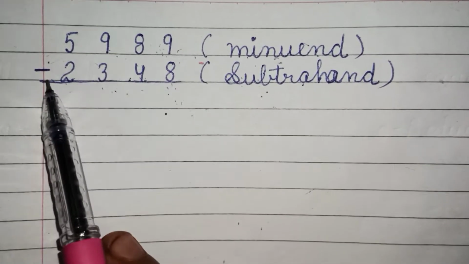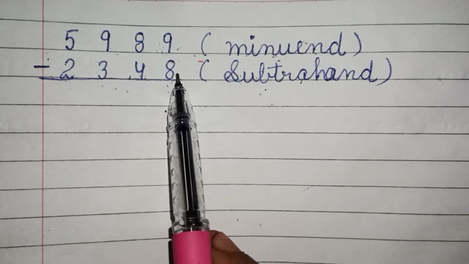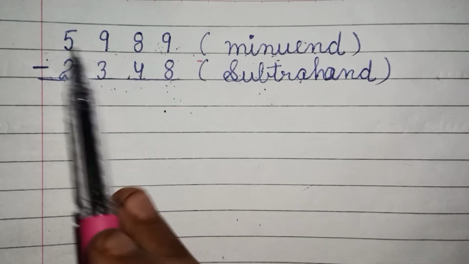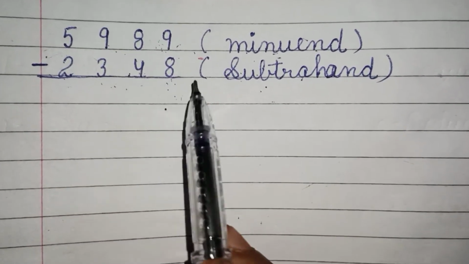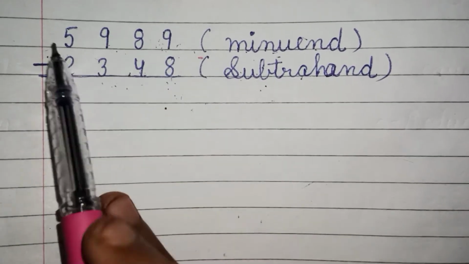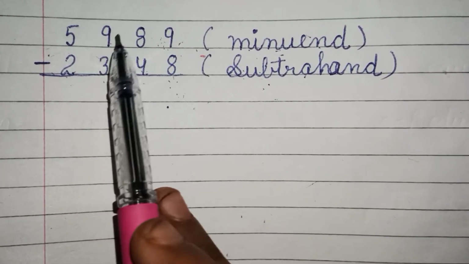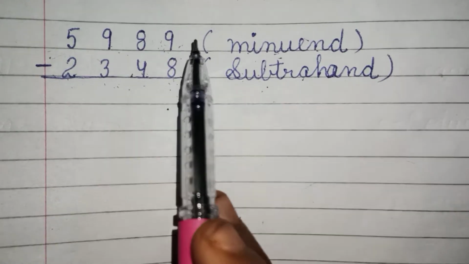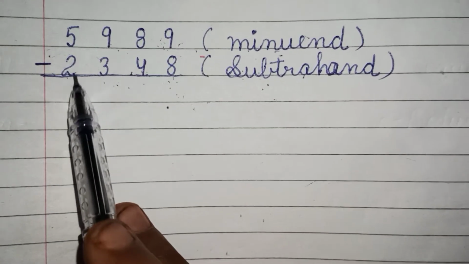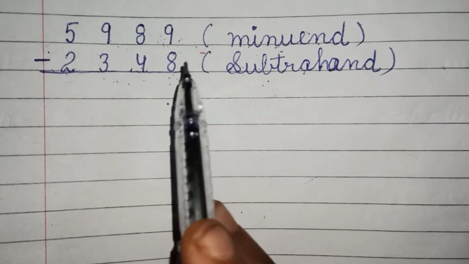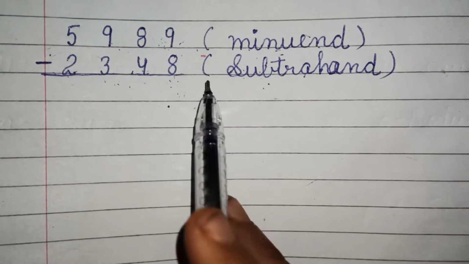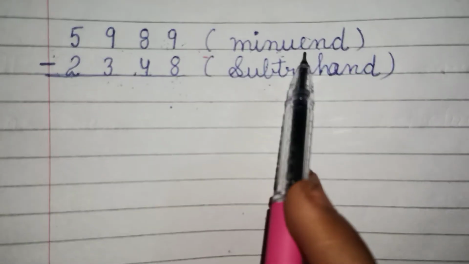5989 minus 2348. Student, we have to subtract it. But before that I want to tell you, 5989 is the bigger number and 2348 is the smaller number. The bigger number is called minuend.